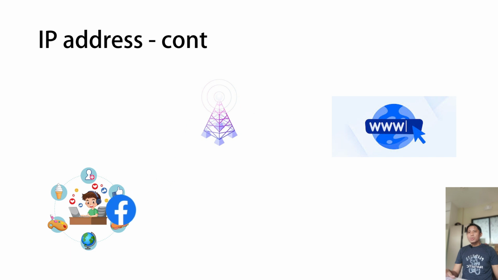The request first goes to your ISP, and the ISP will go to the outside world, or to the internet. After you request anything, the Facebook server will respond back to your ISP, and your ISP will go back to your laptop, desktop, or any other device that sent the request. So basically, that is it.